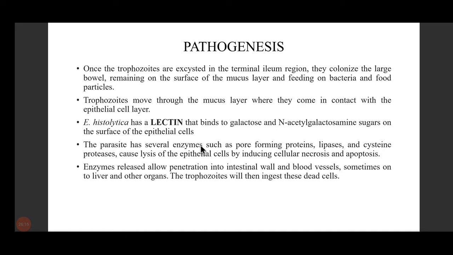The parasite has several enzymes such as pore-forming proteins, lipases, and cysteine proteases that cause lysis of the epithelial cells by inducing cellular necrosis and apoptosis. Enzymes released allow penetration into the intestinal wall and blood vessels, and sometimes onto the liver and other organs like the brain and lungs. The trophozoites will then ingest these dead cells.